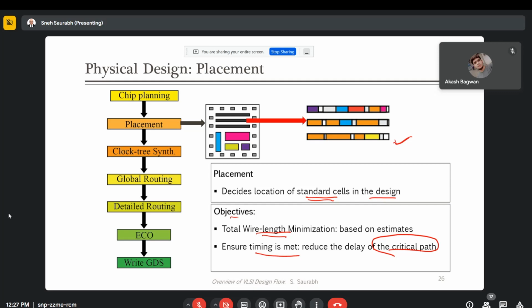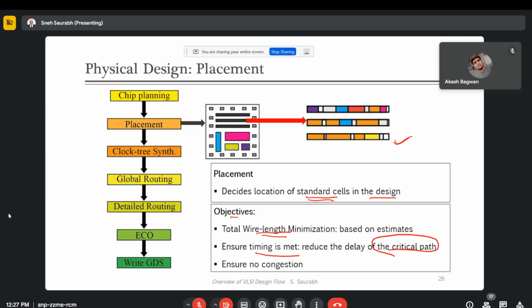So we need not improve the timing of all the paths in our design. We need to improve the timing of the critical path on which the clock frequency depends in a synchronous design. Therefore the tool will focus on the critical path, meaning the slowest path, and try to improve the timing of that particular path.